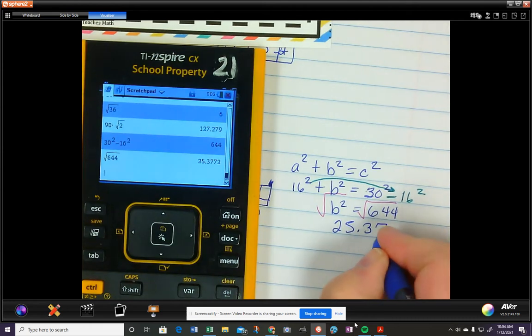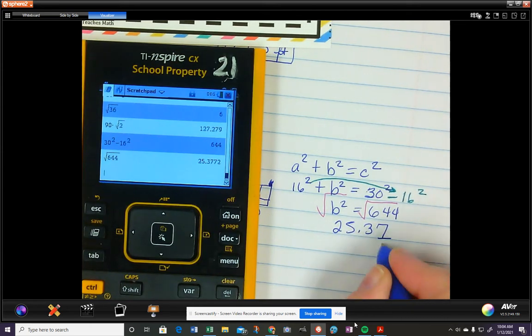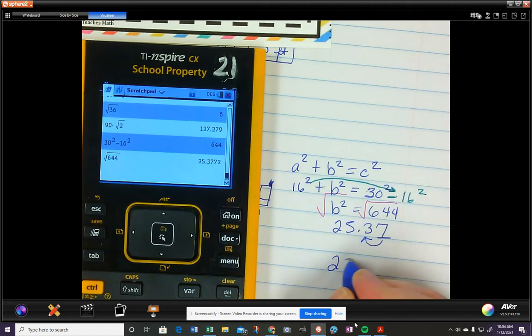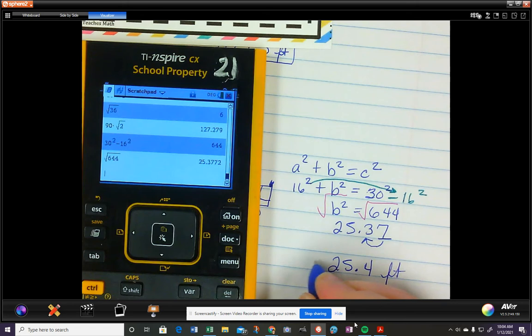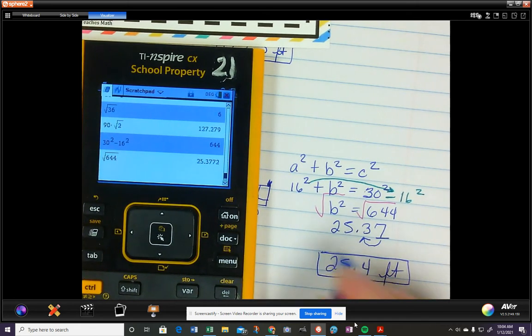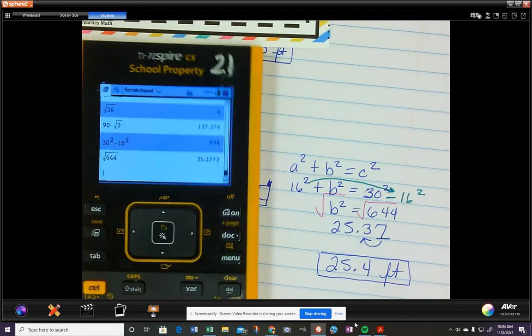Now this 7 tells me what? Move this guy up one notch. So it's 25.4 feet. So the building is 25.4 feet. Okay? Not too bad.